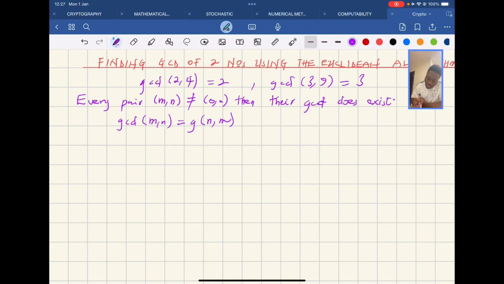So for instance, if we have this, it is the same as writing the GCD of 4 and 2.